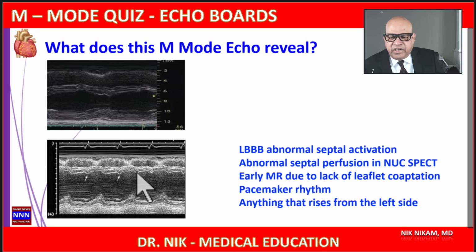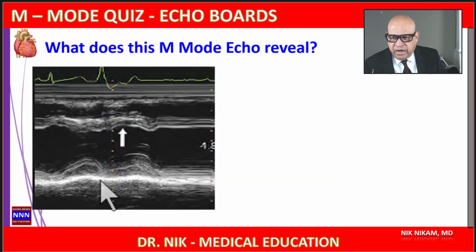We can see similar changes in patients following a PVC, coming from the left side particularly, and also in patients with pacemaker rhythm, because their ventricles are activated in an abnormal sequence similar to that of a left bundle branch block. Alright, let's proceed. And here is an example of a PVC which is showing the posterior wall is trying to move forward, whereas the septum is moving abnormally towards the front.